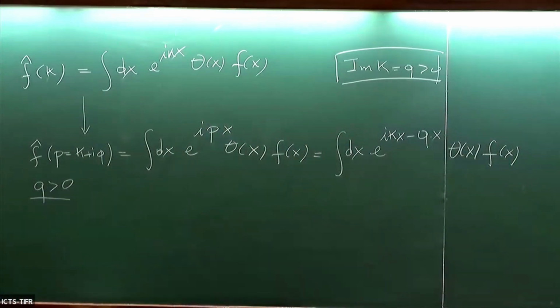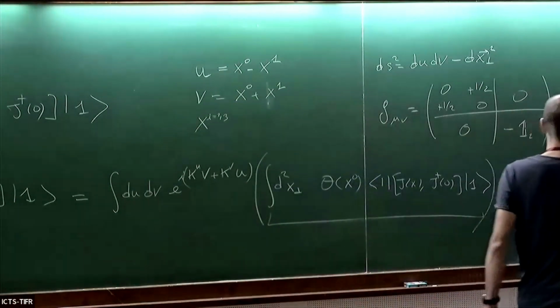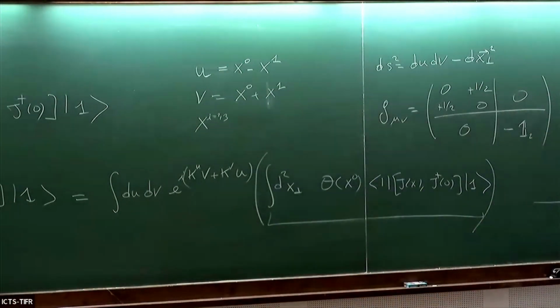Let's come here now to this case, and let's look at the support of this integral here. Now this is a function that vanishes at space-like separation, so it vanishes here.